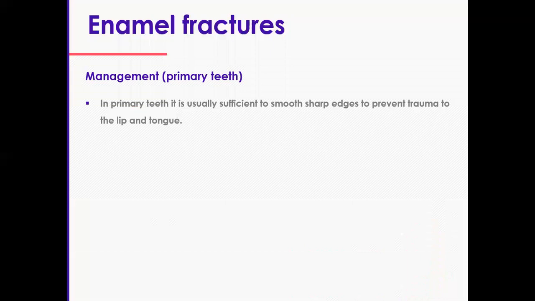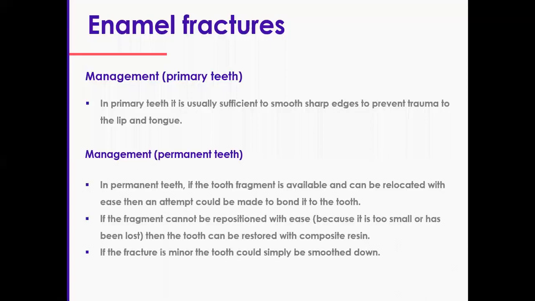Now, the management in primary teeth is just polishing up the rough bits to prevent trauma and reassure the patient and parents specifically. But in permanent teeth, you can bond the broken bits back to the tooth, but sometimes you've got multiple bits or very tiny bits and you cannot work out the jigsaw puzzle.